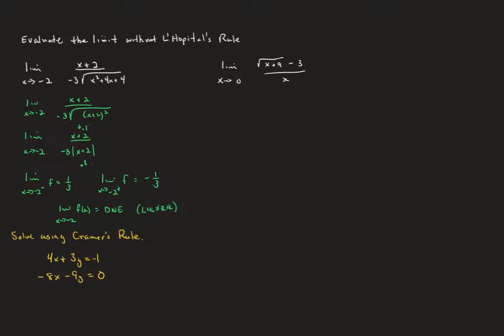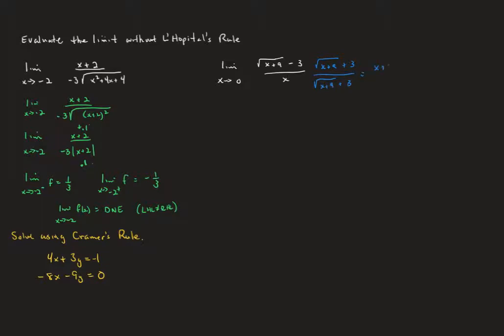Okay, the next one, when we plug in 0 initially, we'll just get 0 over 0, which is indeterminate. Our trick here, if we're not going to use L'Hopital, is to rationalize the numerator. So we will multiply top and bottom by 1 in a form that looks like the conjugate of that numerator.